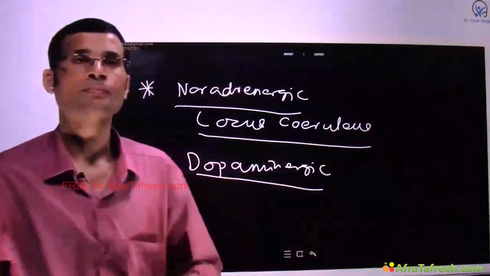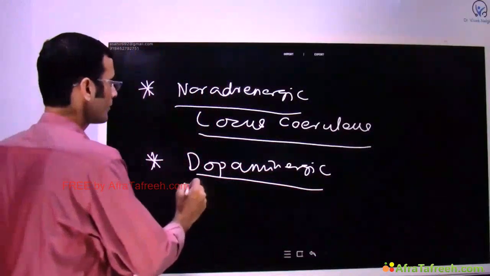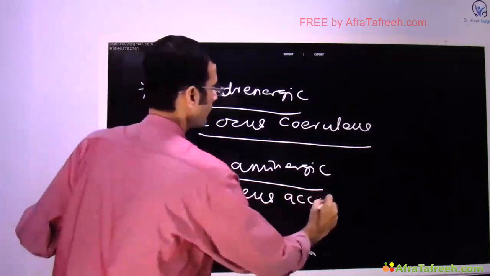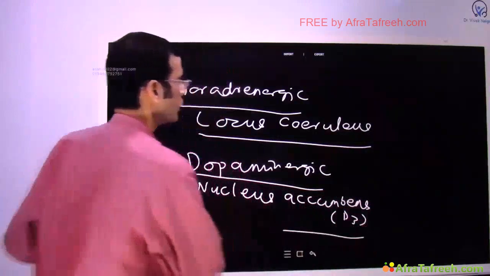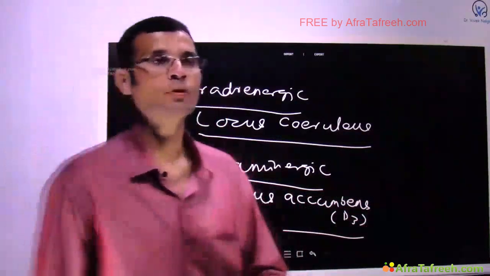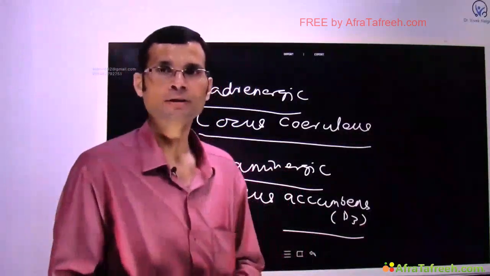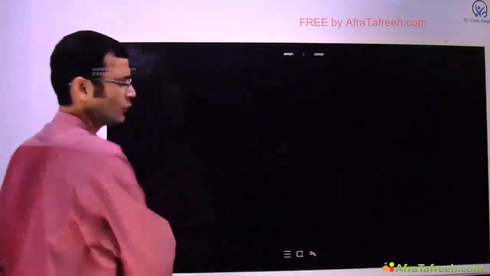Nigrostriatal neurons have dopaminergic neurons, and apart from that, there is the nucleus accumbens. Nucleus accumbens has dopaminergic neurons, the D3 dopaminergic neurons. This nucleus is involved in reward and addictive behavior. So that's dopaminergic neurons.